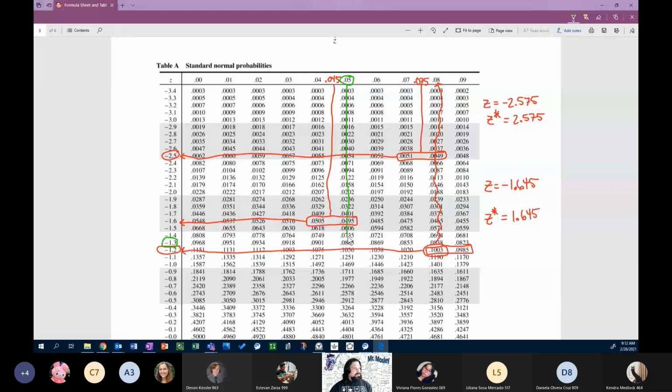Trace these down and over, and that's where we find our 0.0885. And that is the proportion on the left-hand tail of our normal curve.